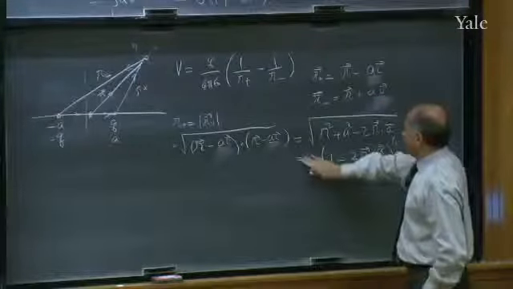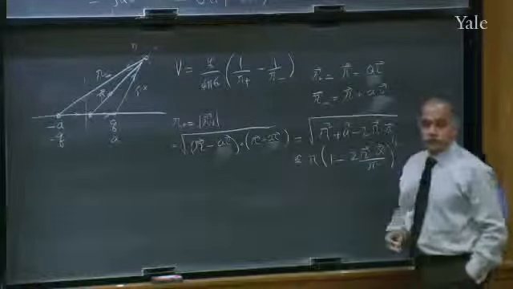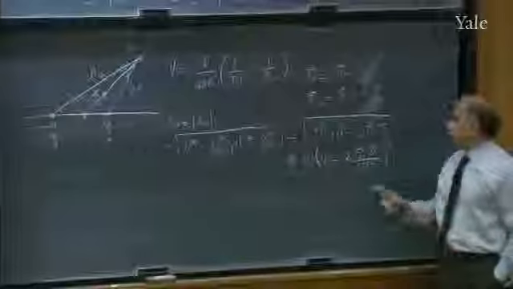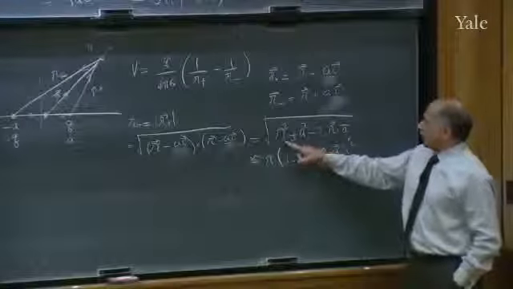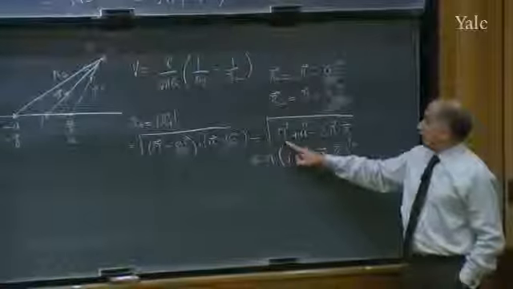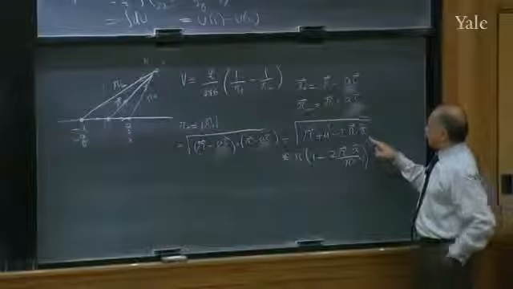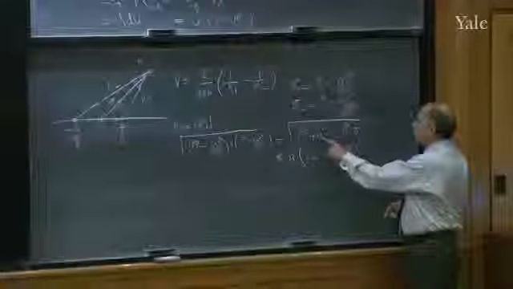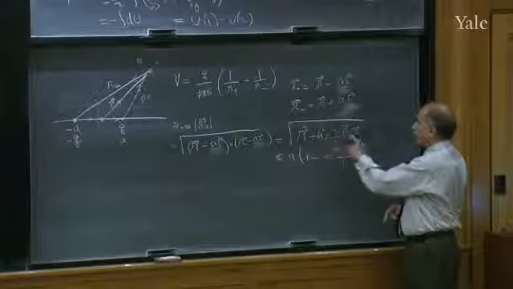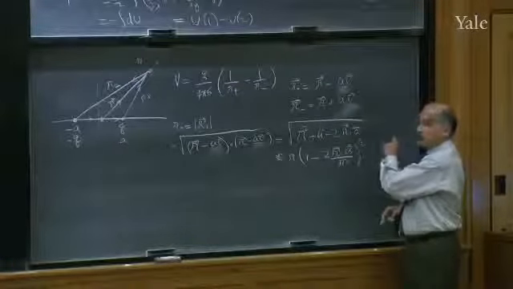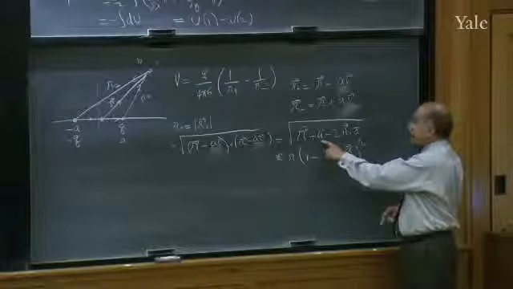I'll tell you what I did here. I'm going to neglect A squared compared to R squared because R is much bigger than A. But I'm going to keep this R dot A term because it has only 1 power of A and 1 power of R, so it's much stronger than the A squared term.